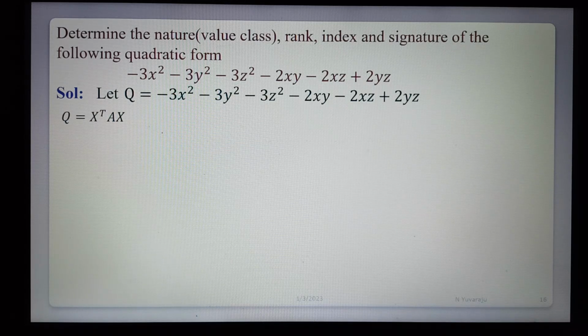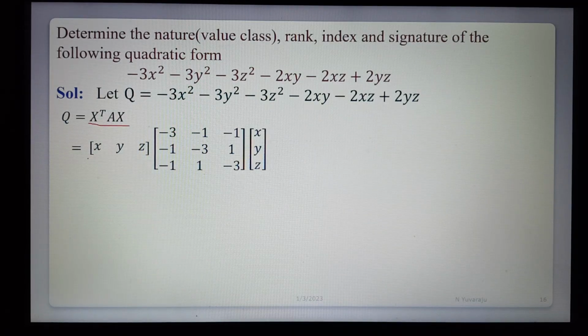Same matrix notation, X transpose AX. So the number of unknowns is 3, that is X equal to x, y, z, X transpose. This is the coefficient matrix. The x square, y square, z square coefficients are the diagonal elements, that is minus 3, minus 3, minus 3. Next, the xy coefficient is minus 2, and half of it is minus 1, minus 1.